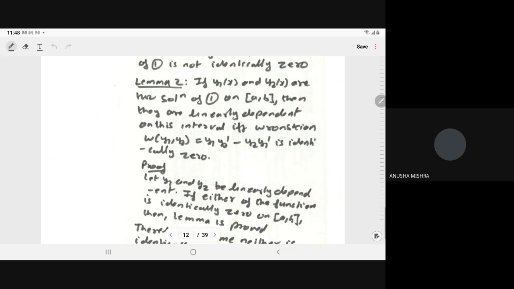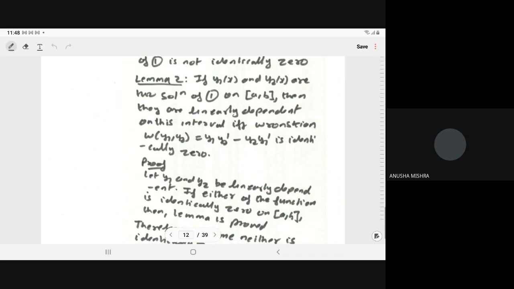Then we have Lemma 2. If y1 and y2 are two solutions of the first equation on the closed interval [a, b], then they are linearly dependent on this interval if the Wronskian is identically 0. It means if y1 and y2 are LD, then the Wronskian is identically 0.